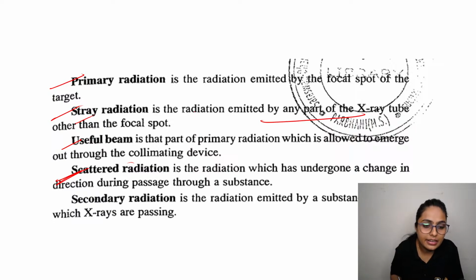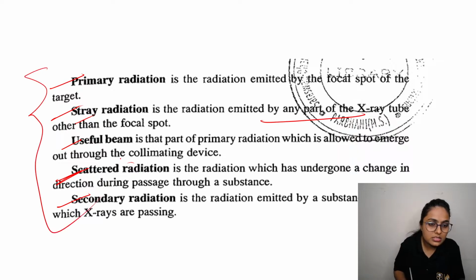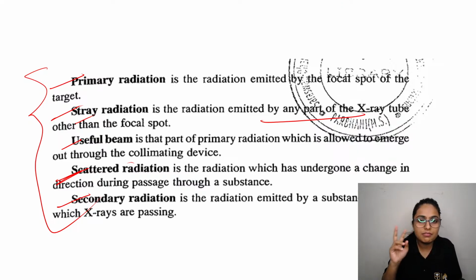Then we have secondary radiation, the radiation emitted by the substance through which X-rays are passing. All right. So just go through these terminologies so that you have a basic idea about it. They can give you these terminologies to confuse you. So you just need to know what these radiations mean.